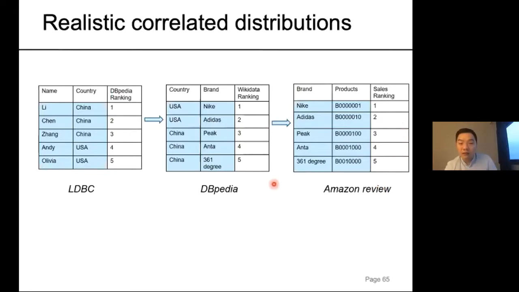With such correlations, we generate the CDF distribution using the Zipf distribution, and then randomly generate the multimodal data. And the values are realistic. For example, China will correlate with Chinese names, and the USA will correlate with American names, brands, and products.